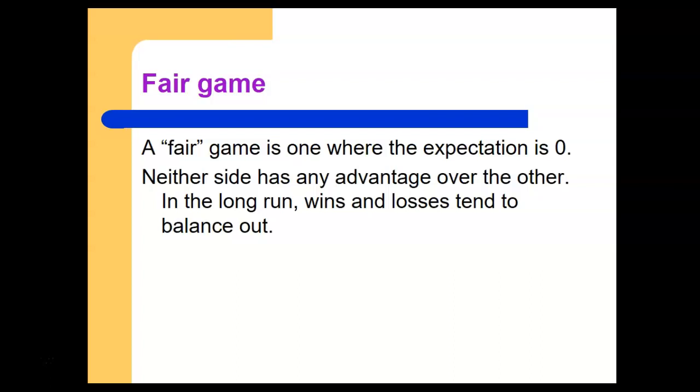It just means that the probabilities of winning and the amounts you could win are set up so that in the long run, if out of all the people who play, all the times they play, lots and lots of times, the expectation is not going to be 0. That is, your long run average is not going to be breaking even.